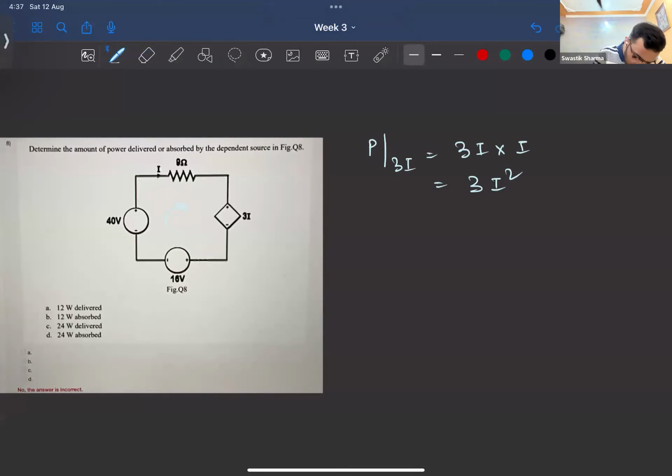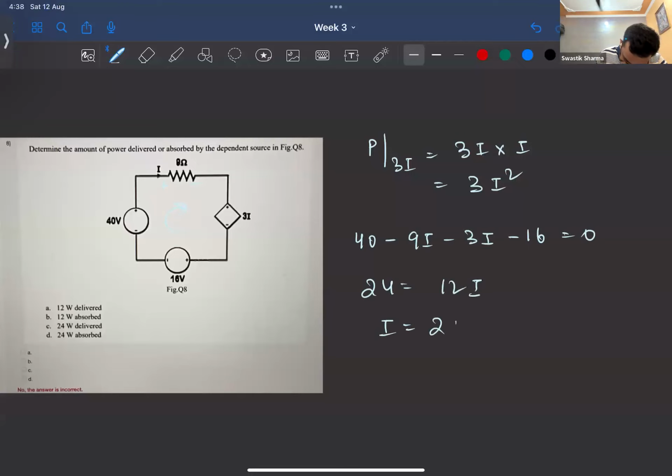We can use KVL. So it's 40 minus 9I minus 3I minus 16 equals 0. 24 equals 12I. I is what? 2 amperes. Therefore, P of 3I is nothing but 3 into 2 square, 12. So 12 watt absorbed, right?